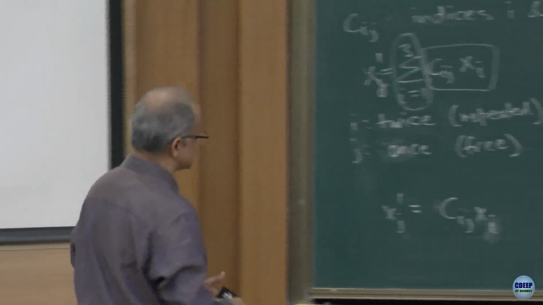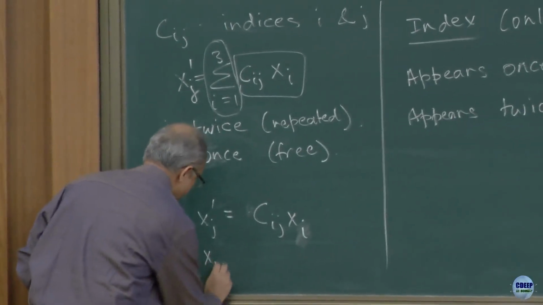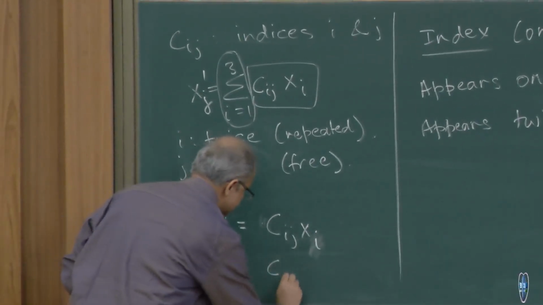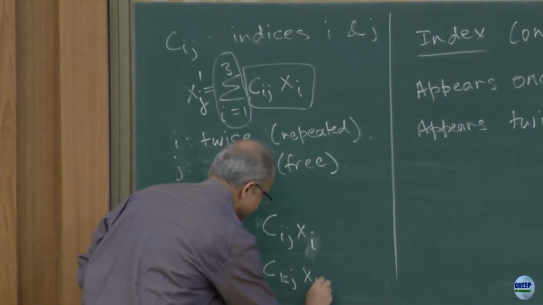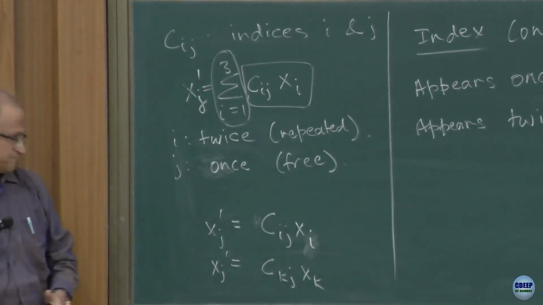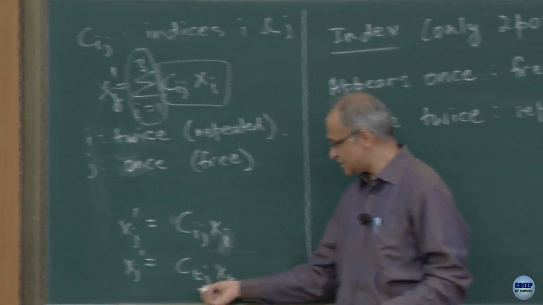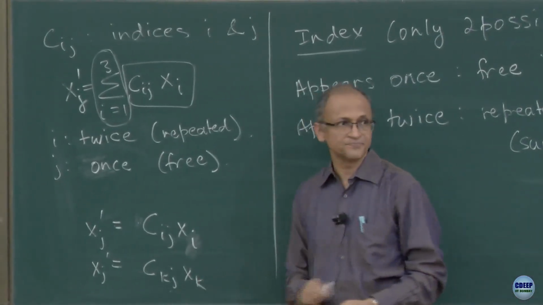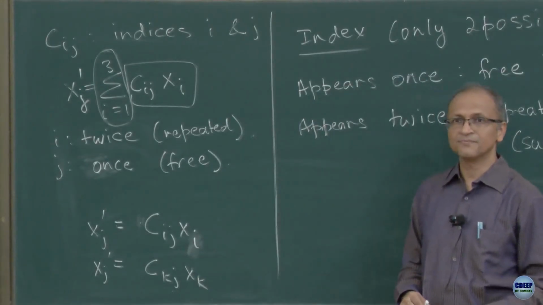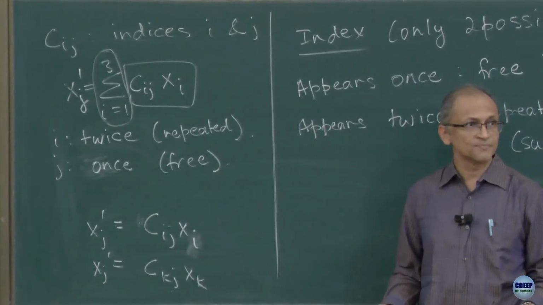Okay, so what can confuse you? Can I write out this equation as xj prime is equal to ckj xk? So I am writing this equation as ckj and xk. Have I done anything different? No. Why?